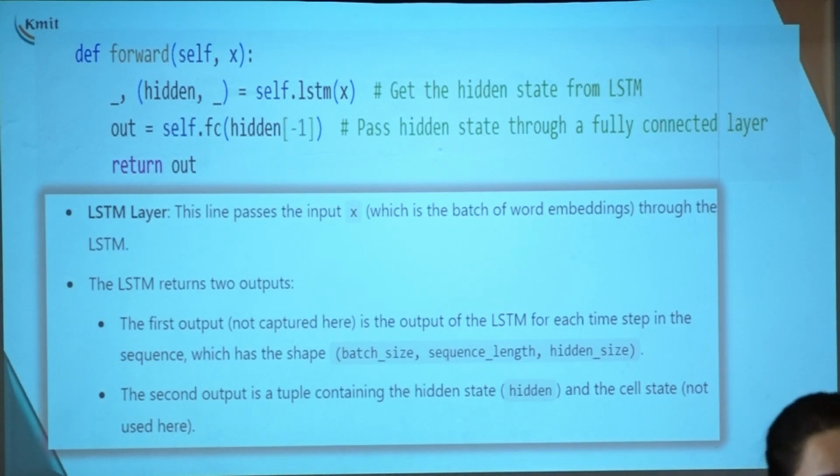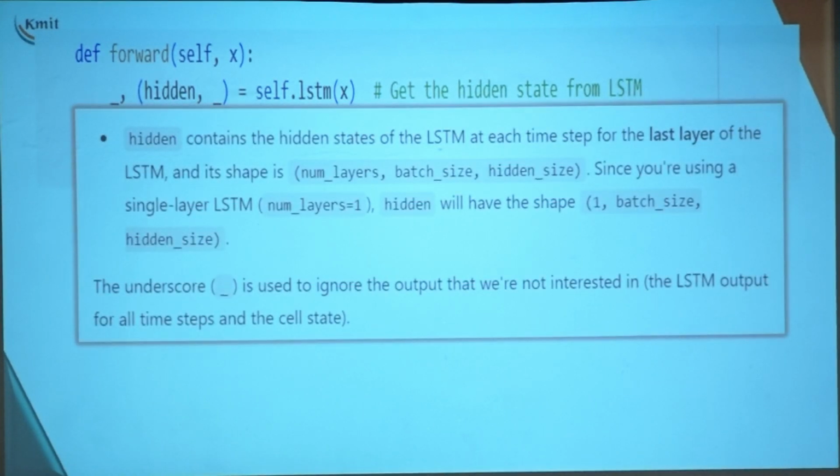Okay, to extract the hidden states out of LSTM. So once it is done, what are you doing here? Try to understand hidden state. The shape of your hidden state will be the number of layers, batch size, hidden size. So, number of layers, how many layers did I choose here guys?